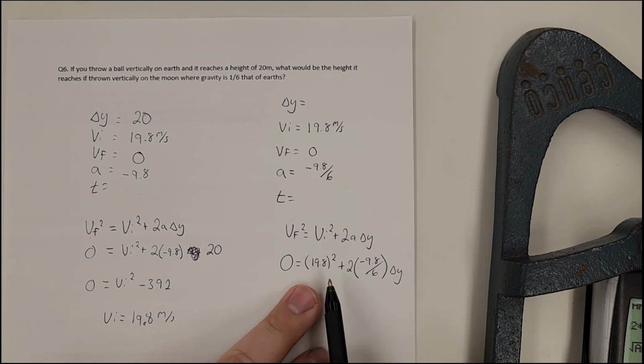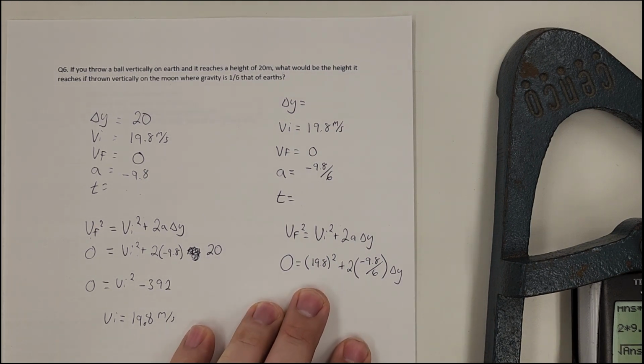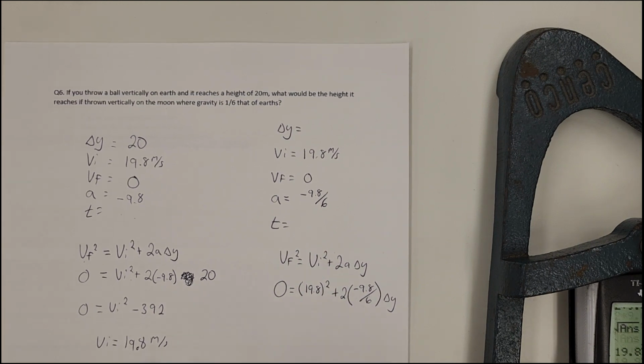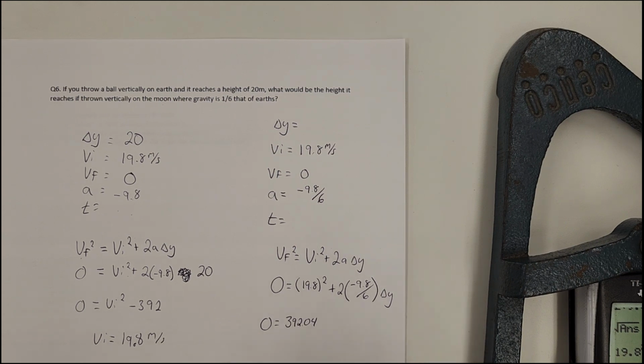So now we got a little calculations to do. This is going to be a very large number, and then this one over here we're going to have as well. So let's figure out what these are. Let's start off with the 19.8 squared. This will be 392.04.